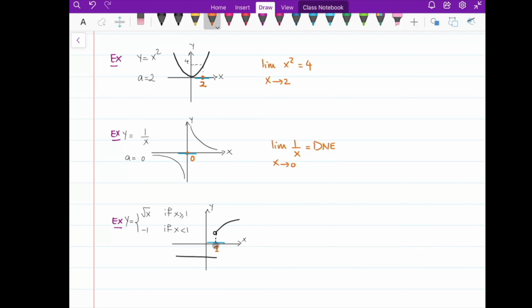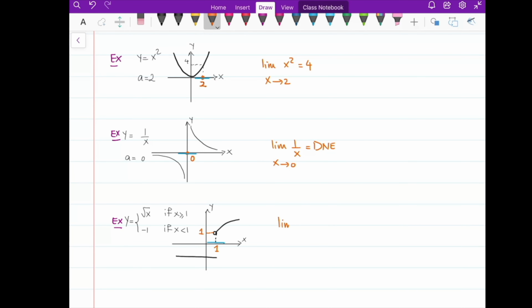How about this one? If x approaches 1 from the right, we are getting closer and closer to the point 1 actually. That is our value of the function, root x at the point 1. And if x is getting closer to 1 from the left, it has the value negative 1. So from the right we get something, from the left we get something else.